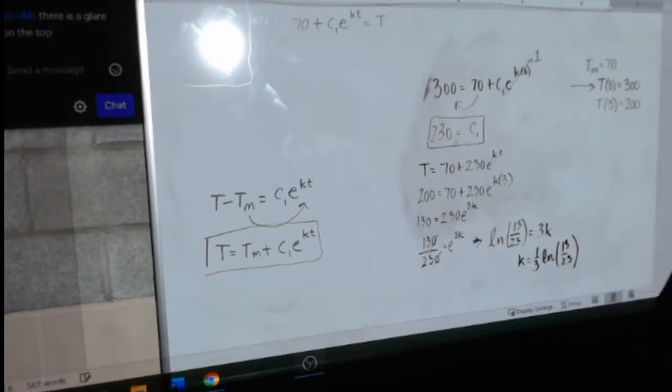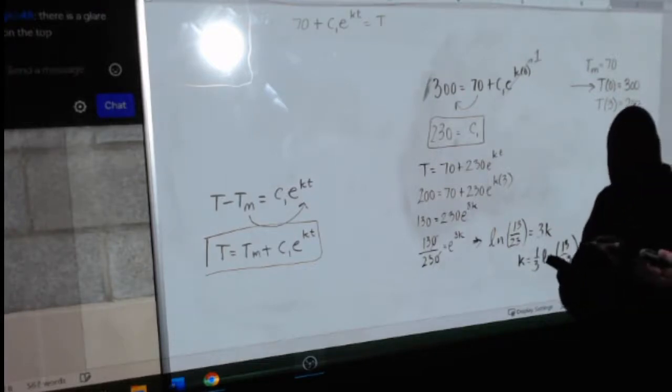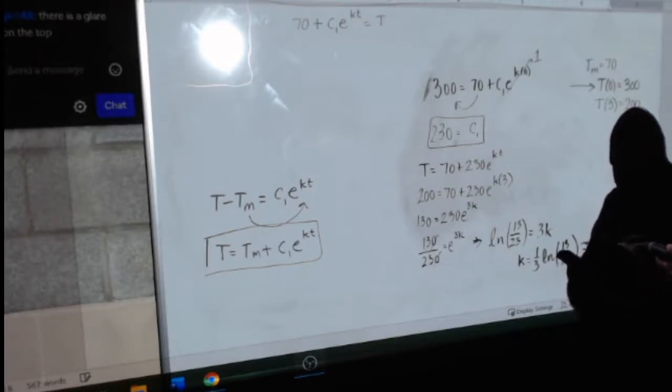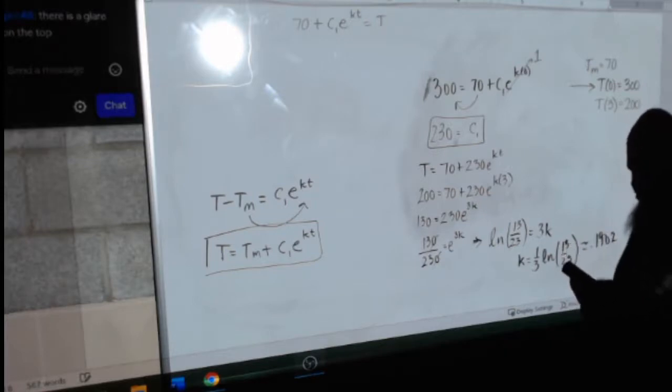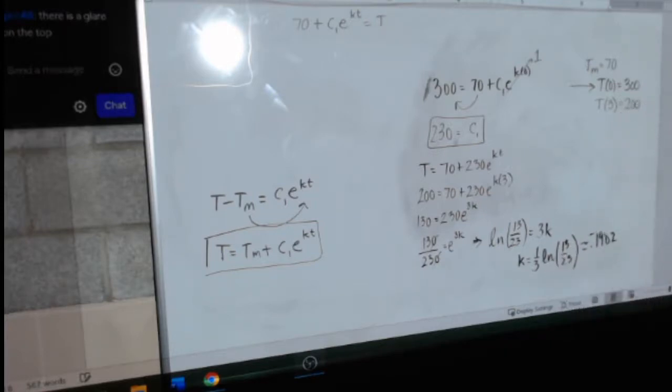Let me go ahead and calculate that really quick. So I'm going to truncate it there at negative 0.1902.